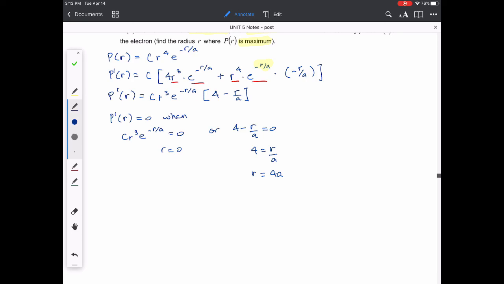So we want to see if it's a max or a min and when. So let's plug in the values. So we have P of 0. So P of 0, going back to my original function, if I plug in an R there, everything goes to 0.